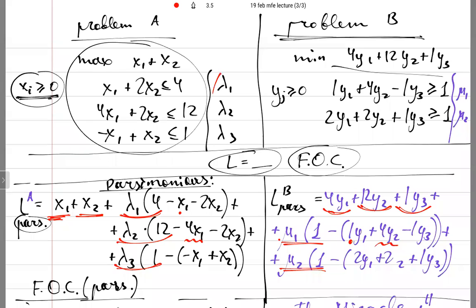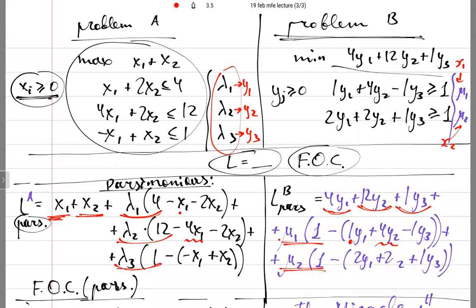And you rename mu1 and mu2 like x1 and x2. If you just choose different names of Lagrange multipliers, then you will have exactly the same Lagrangian function.